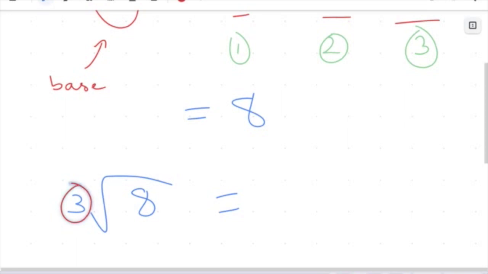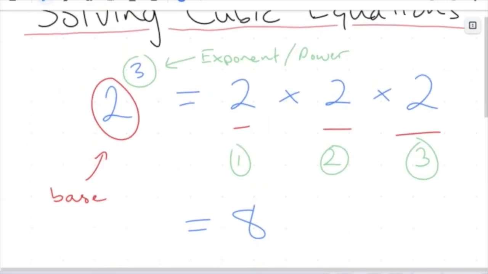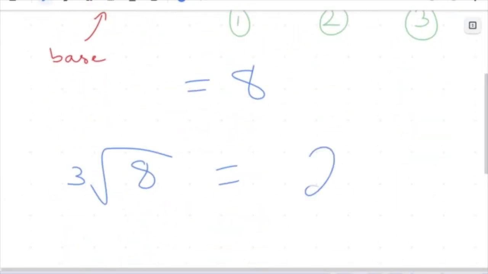So what 3 numbers that are the same multiply to give me 8. And that's going to do the opposite of what we had up here, and that's going to give me 2. So cubing a number and taking the cubed root are opposite operations, in the same way squaring a number and taking the square root of a number are.